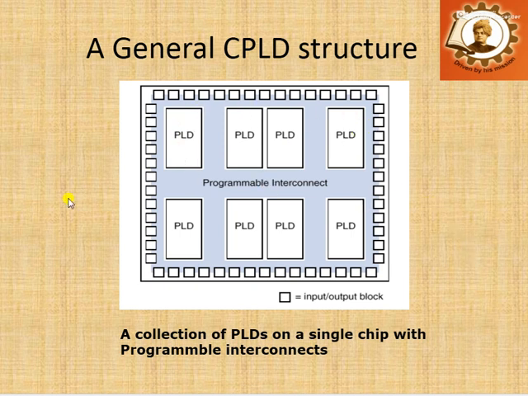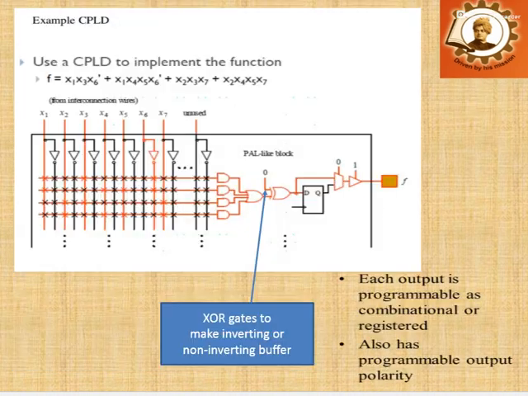Here PLD represents your PAL-like block. A PAL-like block is nothing but some macro cells, just like your AND structure and your OR gate, and the output of this OR gate will move to an XOR gate, which basically performs the inverting or non-inverting buffer function.